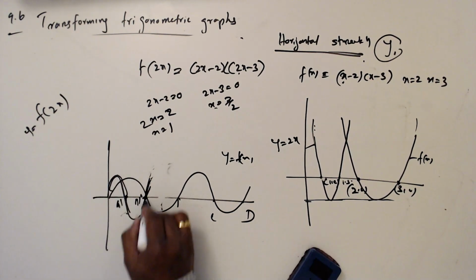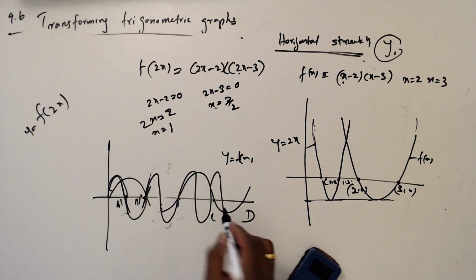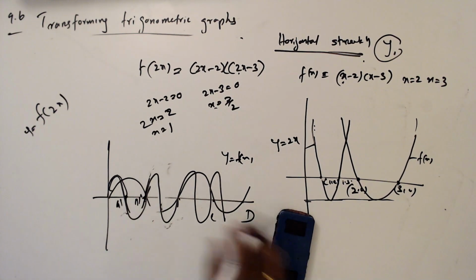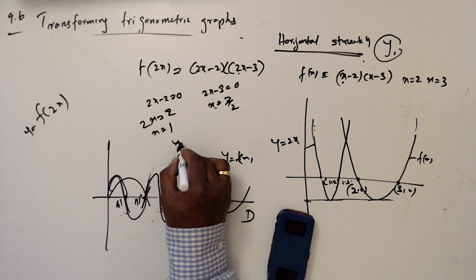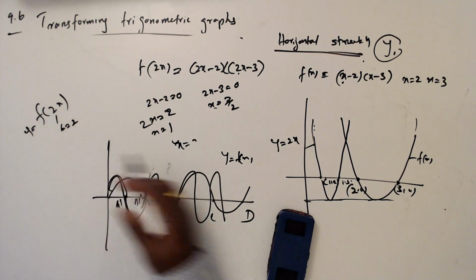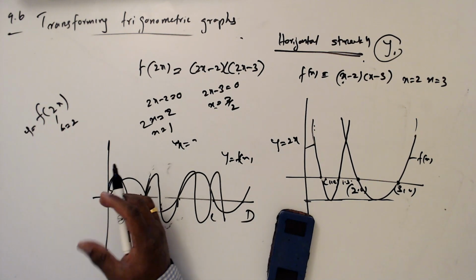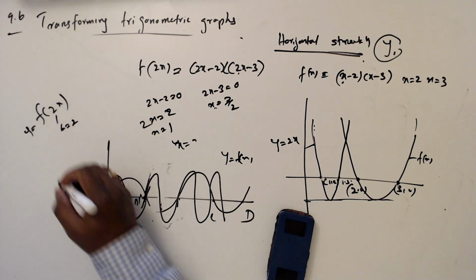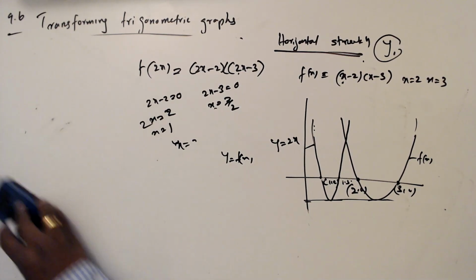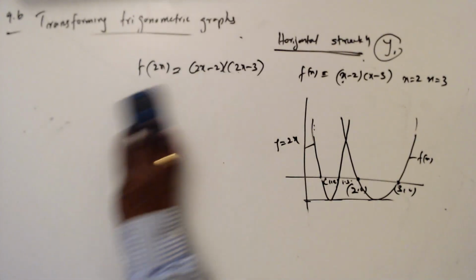If the a value is 2, you are squeezing the graph. If the a value is half, then you are stretching. So this is the kind of idea you want to get.